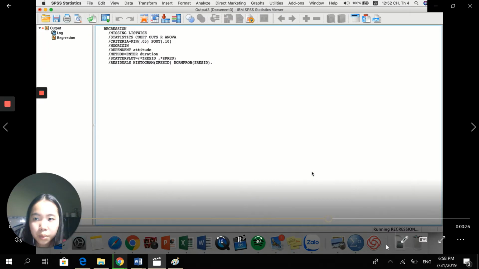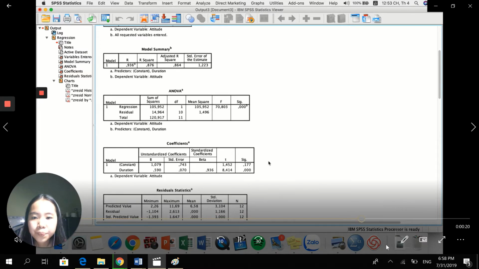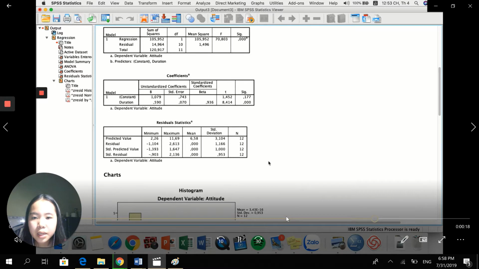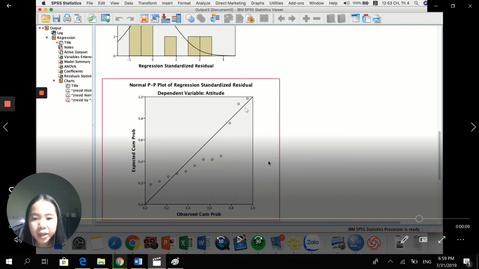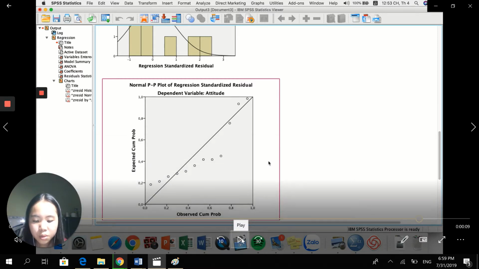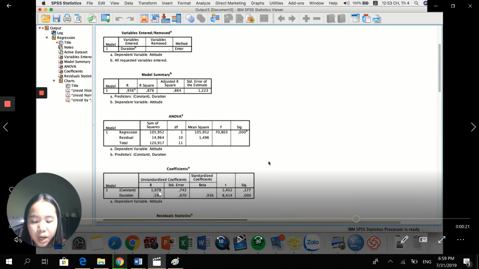As you can see, this is the scatter plot chart, and this line over here is called the regression line. To interpret the results, we have the intercept equals 1.079, and the slope is 0.59.